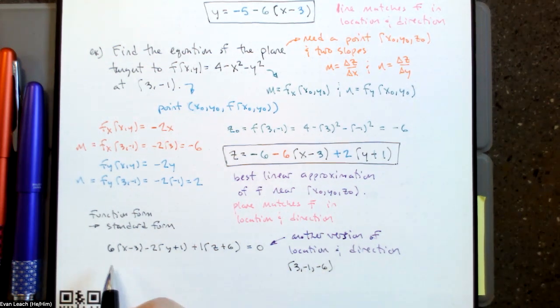But our direction is now 6, -2, 1. That's a vector not in the plane, but perpendicular to everything in the plane. So now we have a normal vector for the plane.